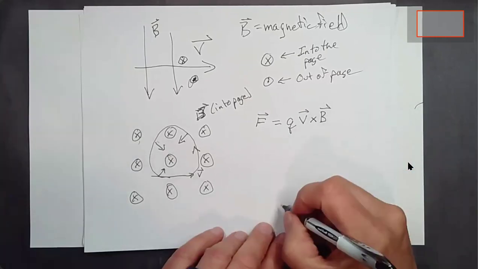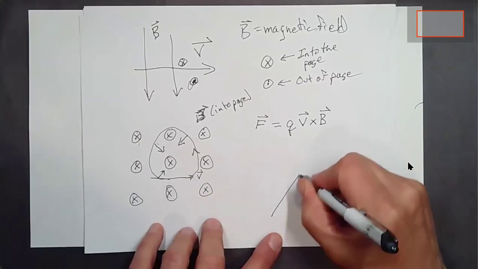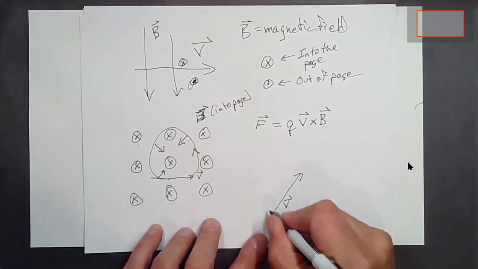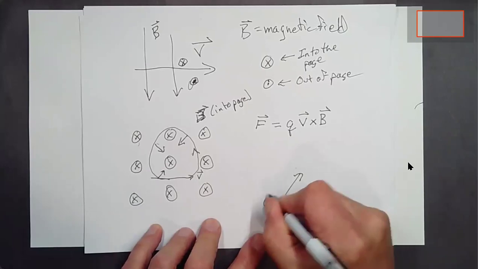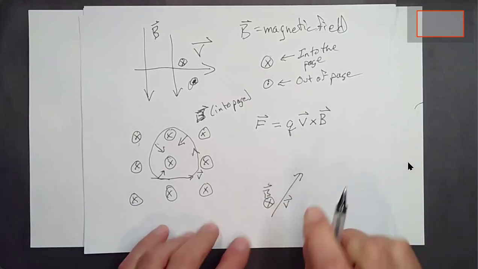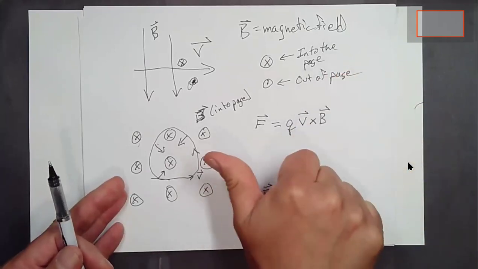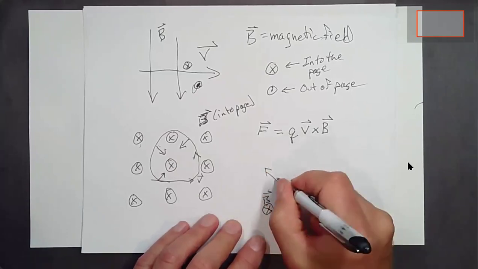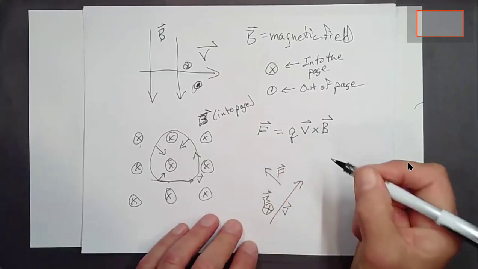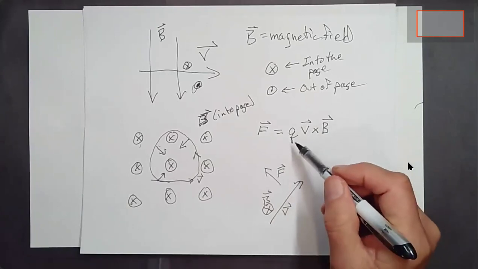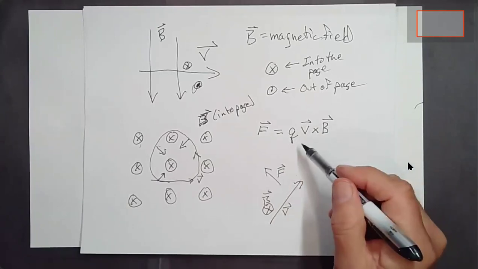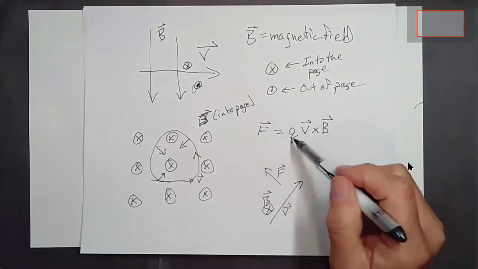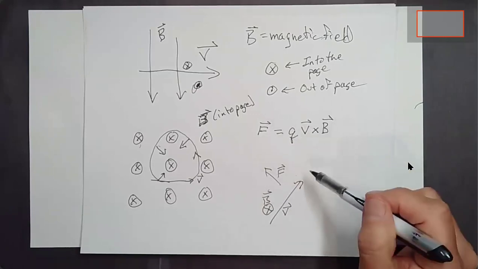So if we have the magnetic field going into the page and we've got a velocity like this, so there's the velocity, here's the magnetic field, and assume that it's the same everywhere. v cross B is going to be to the right, and so the force on the particle is going to be in that direction if it's got a positive charge. If it's got a negative charge, the force is going to be in the opposite direction. v cross B will still be to the right, but multiplying it by a negative number reverses that.